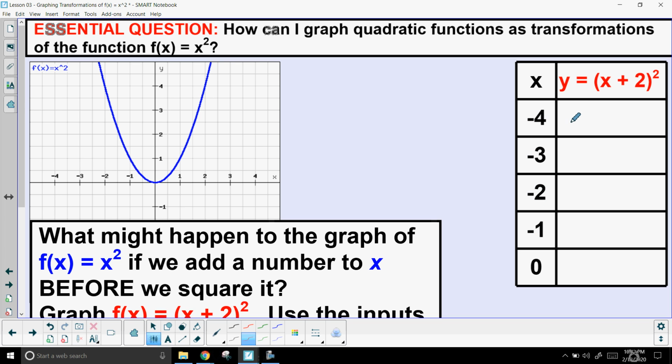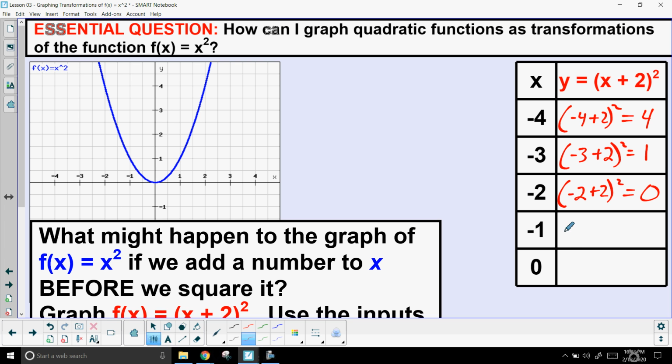So -4 plus 2, doing some mental math, is -2. (-2) squared is 4. Again, making my substitution, -3 plus 2 is -1. (-1) squared is 1. You can plug this in your calculator, but let's face it, mental math. -2 plus 2 is 0. 0 squared is 0.